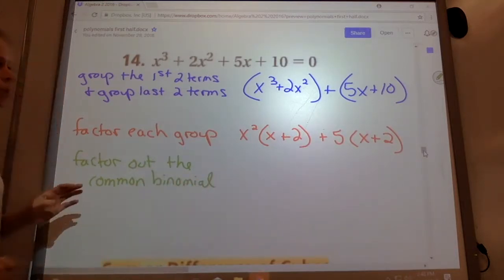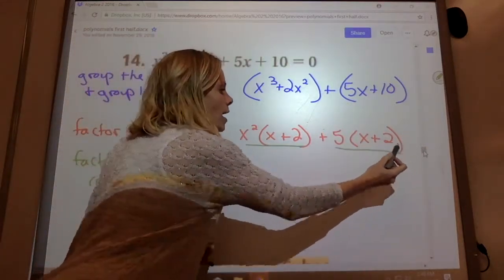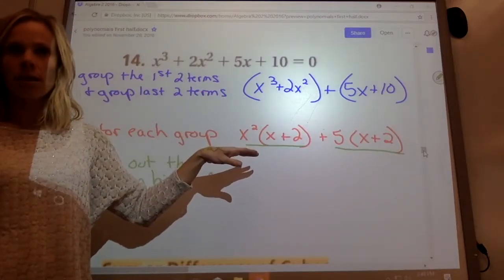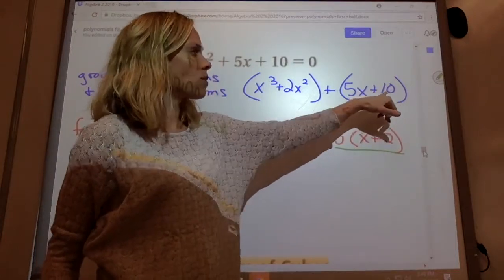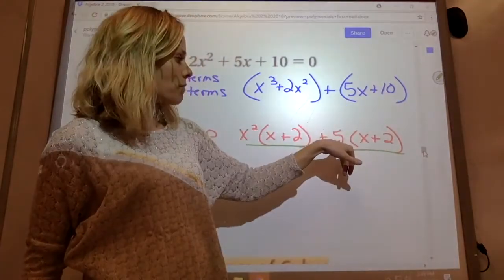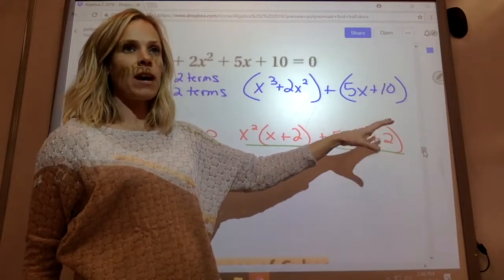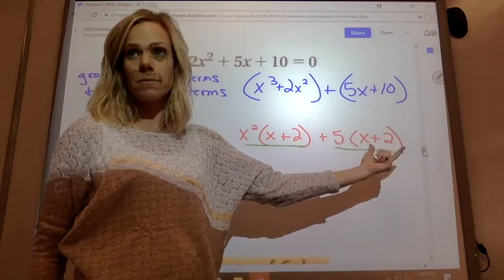So what you should notice is you have 2 terms, and each term has an x plus 2 in it. Just like up here, I had 2 terms and I said, oh, I can factor out a 5, and I took out a 5 and then wrote what's left. You can do that exact same thing, but instead of factoring out a number or a variable, you're factoring out a binomial.